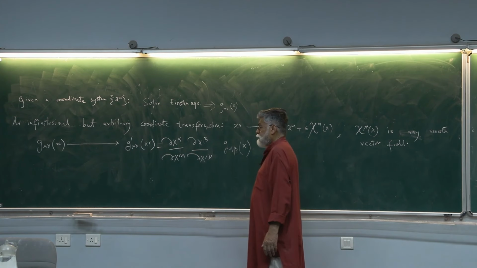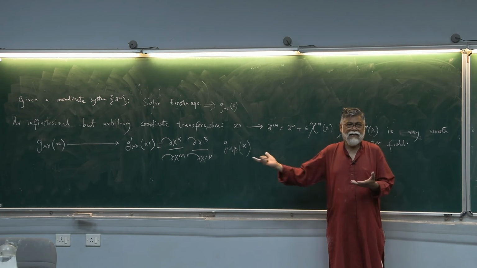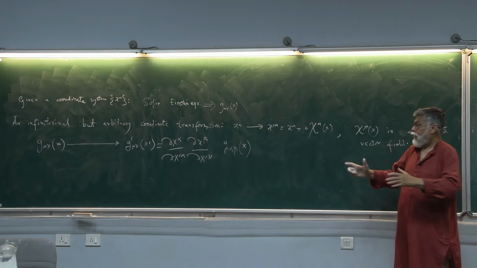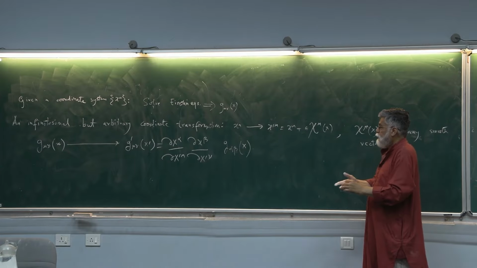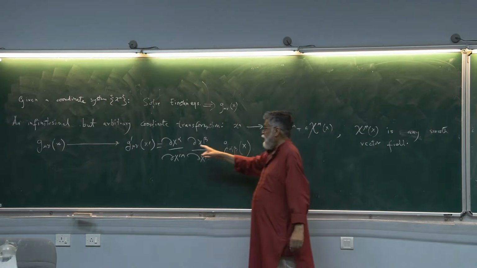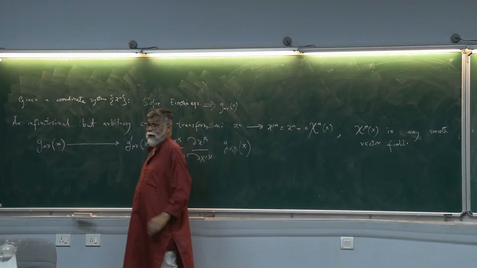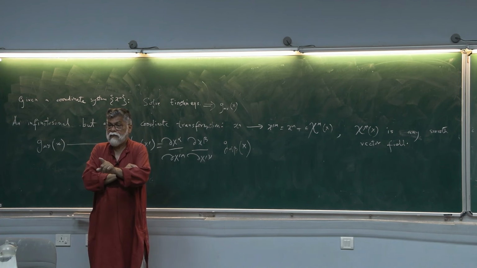By the way, sometimes when we do mathematics, we don't realize what this transformation physically means. These are all local. On one hand, we are talking about old coordinates x and new coordinates x prime, but what is the relation between them? Apart from the mathematical relation, you are doing all of this at the same event.